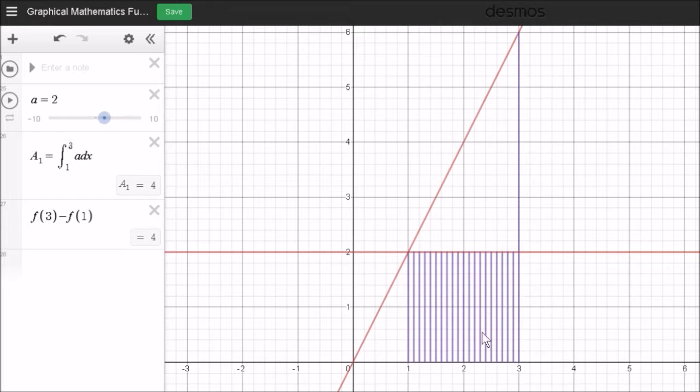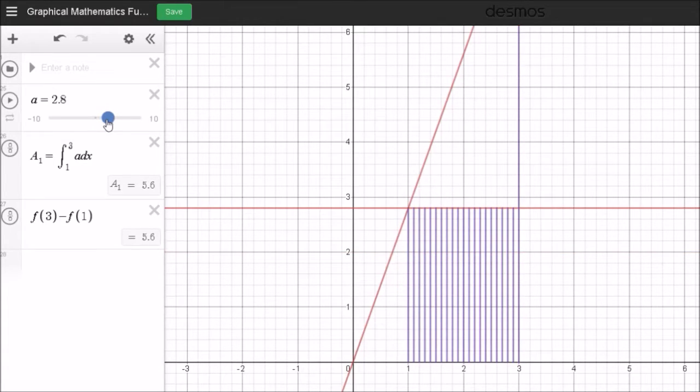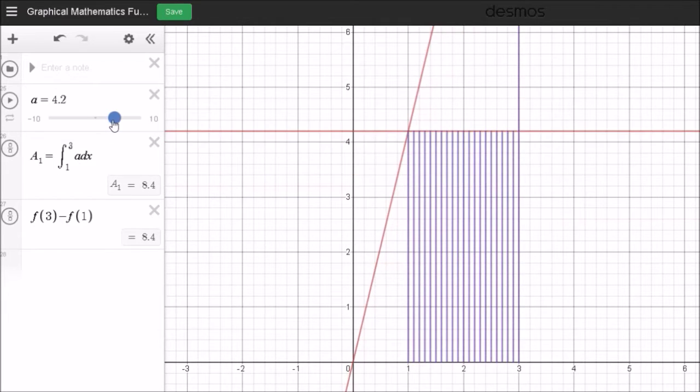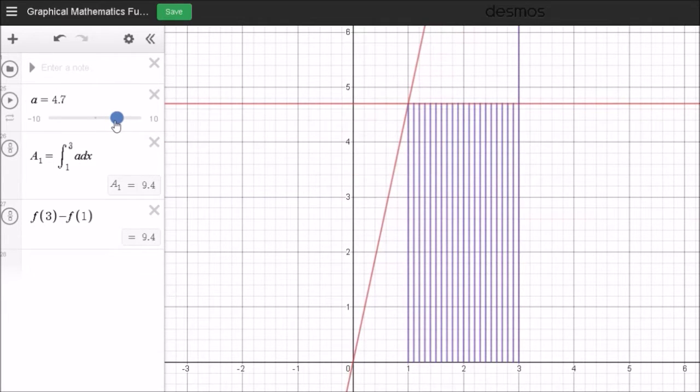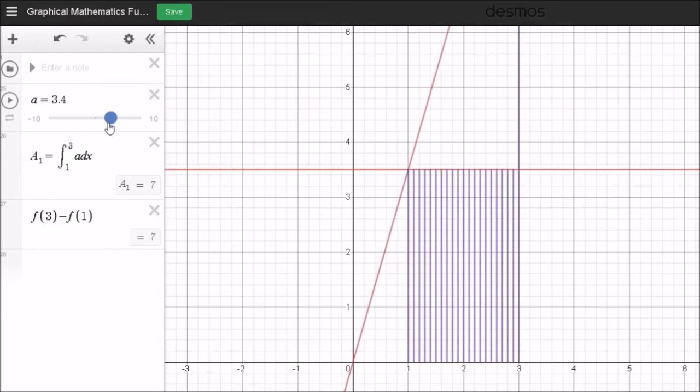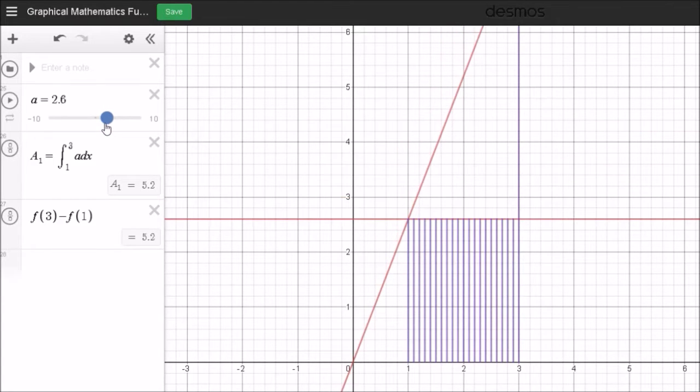So the area under this is 4, and that's the same as the height of the original function from points 3 to 1. So we're looking at f of 3, which is 6, minus f of 1, which is 2, which is 4. And if we were to change these values, you'll see that those values are indeed the same in each case. So there it's 9.4 and 9.4. It's 5.2 and 5.2.